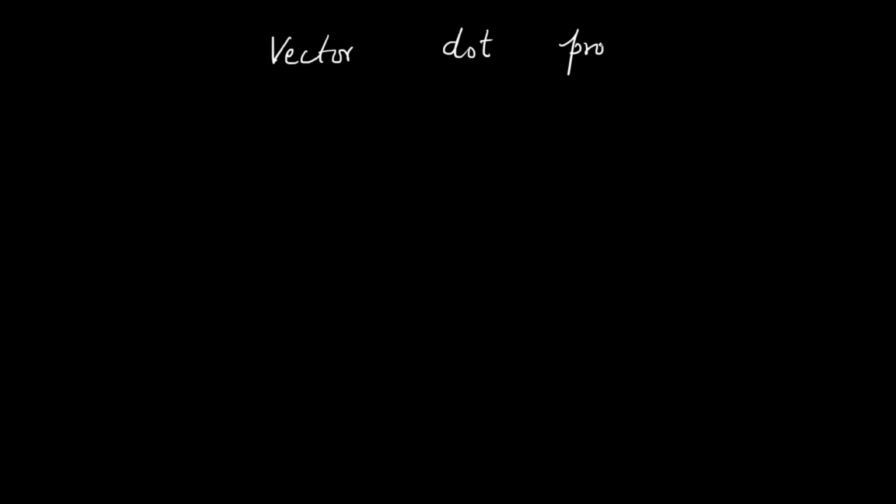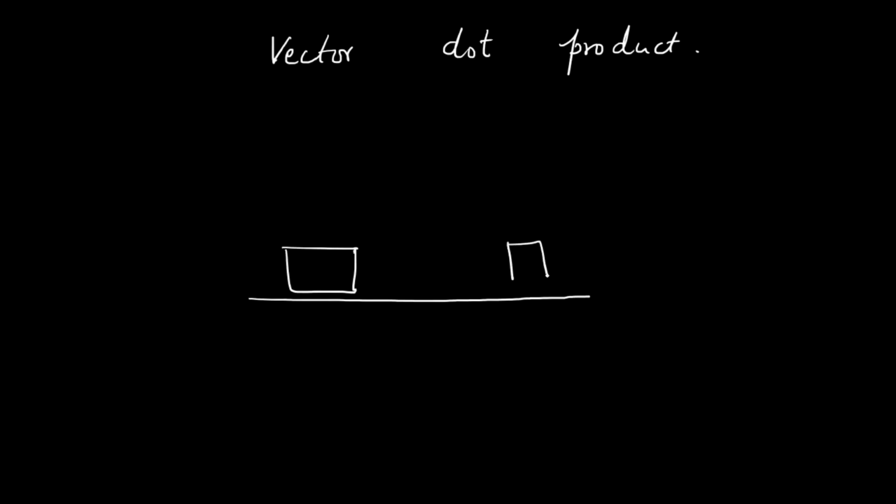Vector dot product. Now we already know what is work. Suppose there's an object that displaces from point A to point B, and this is the displacement vector. Suppose it got displaced due to the action of a force along this line, in this direction.